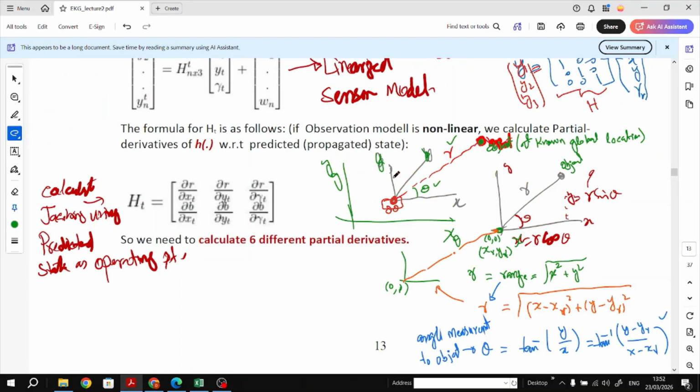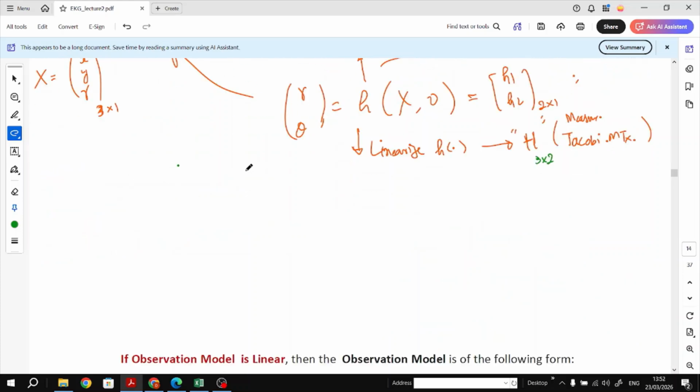So you can calculate your measurement Jacobian matrix in the same way: you take the first function, take the partial derivative with respect to the first state variable, then take the first function, partial derivative with respect to the second state variable, similarly first function, partial derivative with third state variable.